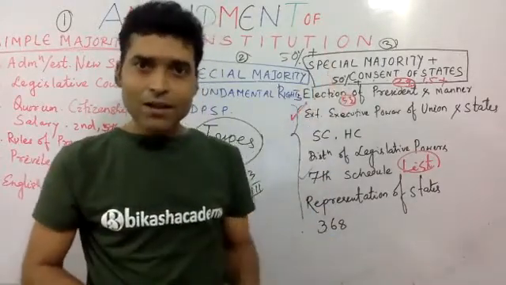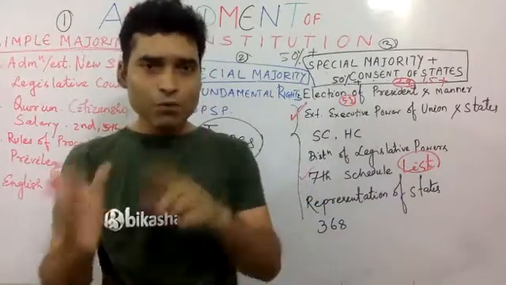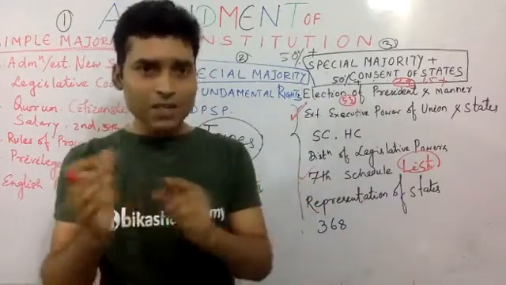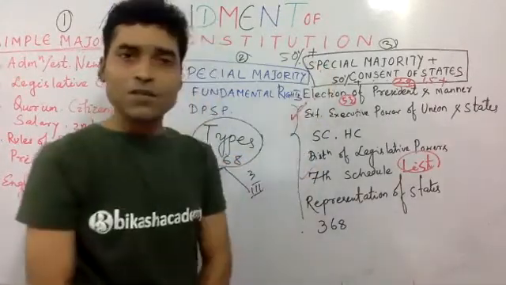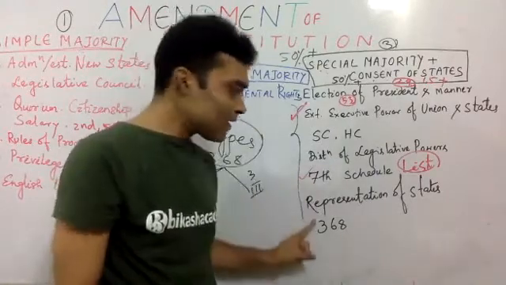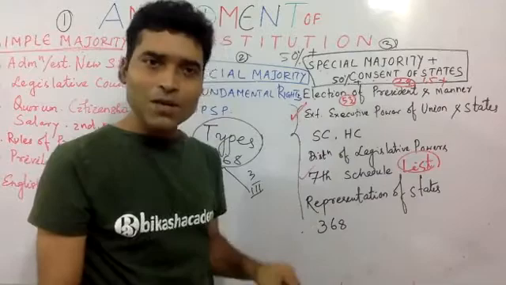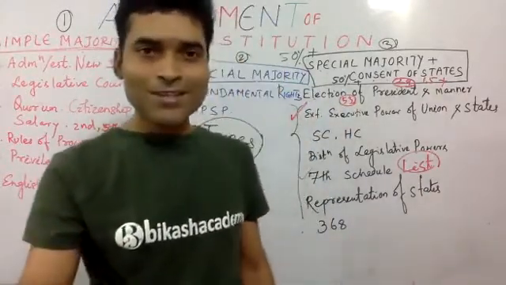And finally, the amendment procedure under Article 368: if you want to change Article 368, then also you require special majority plus consent of states. In other words, Article 368 also comes under special majority plus approval of 50% of states.